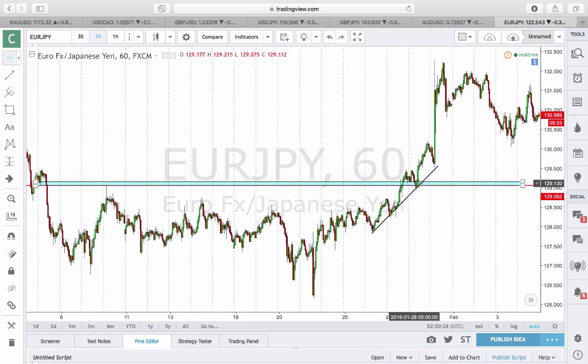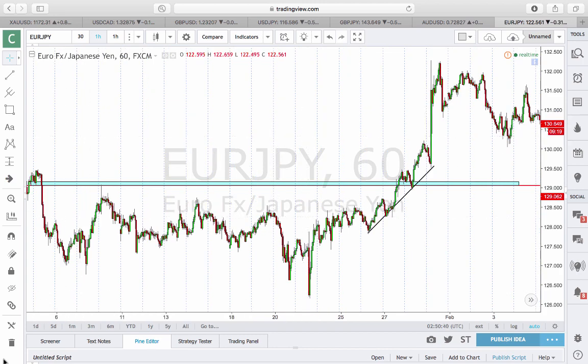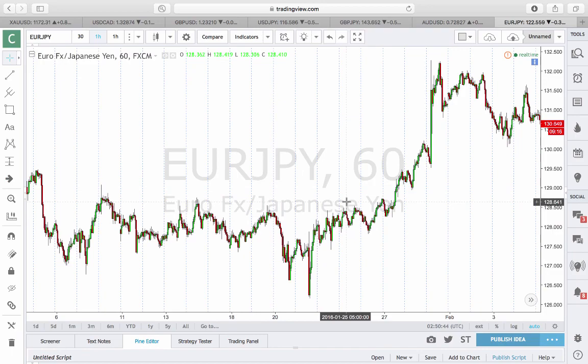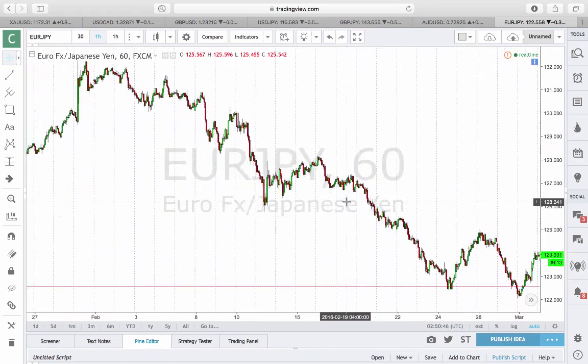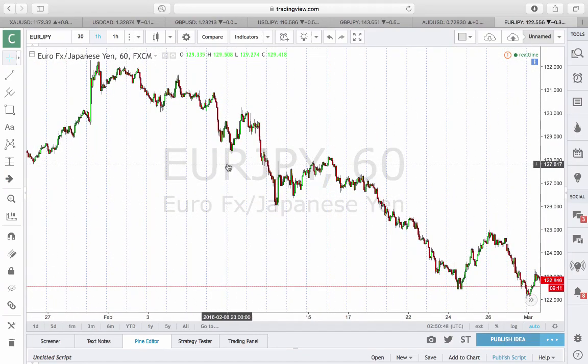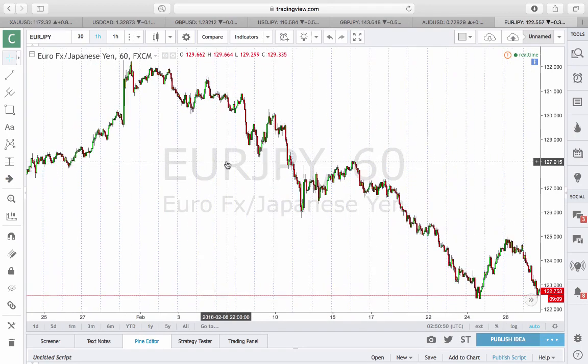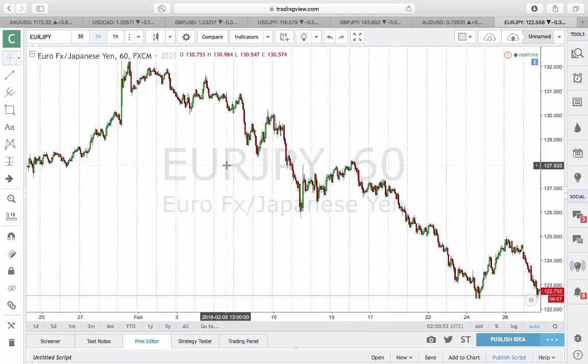There's a level of support here, there was a price reversal zone, and the fact that support was previous resistance gives us all confirmation for this trade setup. That is combining all the technicals together in order for you to have profitable trades. And it happens time and time again, back to back to back.